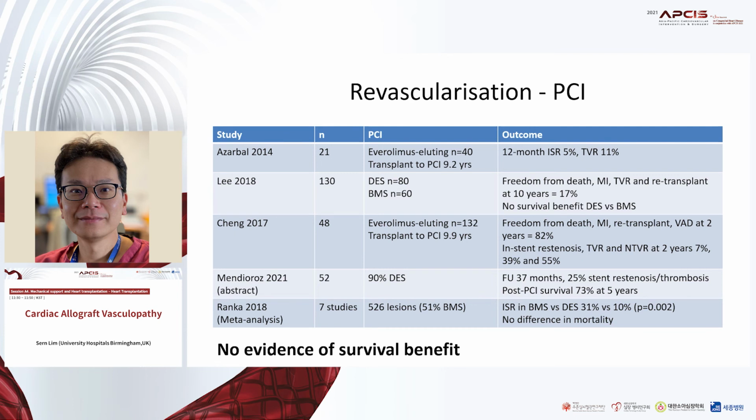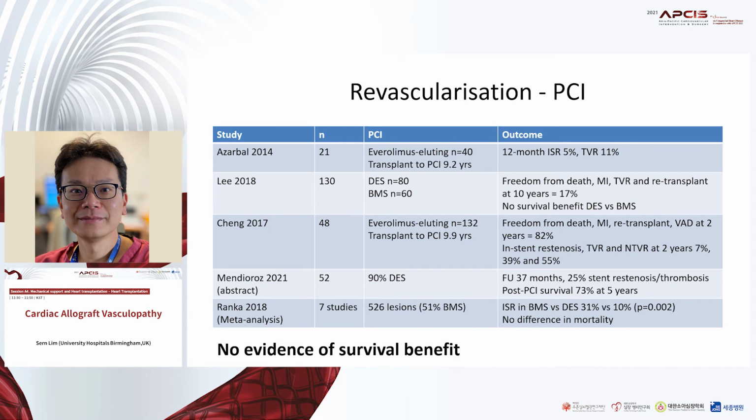So I draw your attention to the study by Cheng, for example, who has shown a 2-year target or non-target vessel revascularization rate of almost 40 and 55% respectively. So these are very high rates of reintervention. And crucially, none of these studies have shown any real evidence of survival benefit with PCI in vasculopathy, even with drug-eluting stents.